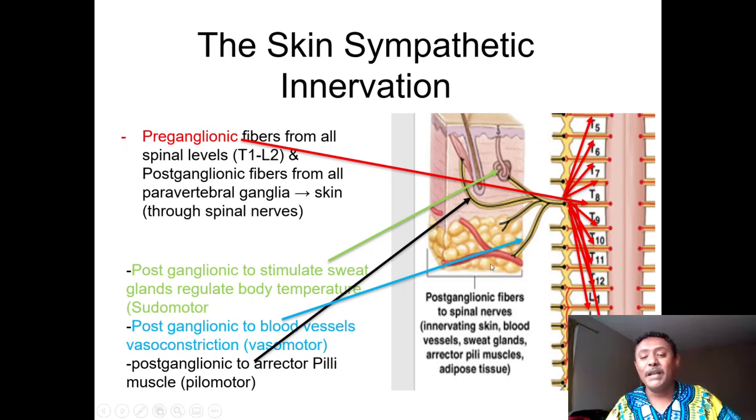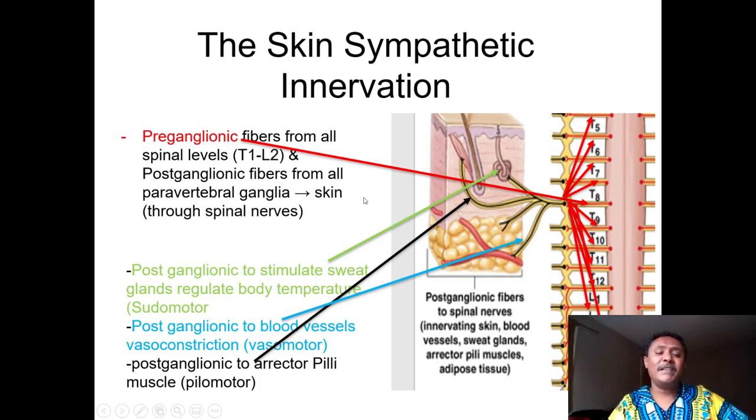And then what will happen to your blood vessel? The blood vessel is going to constrict. Why? Because I don't need my blood. I don't want to let my blood go to skin. I want to divert it to a more important structure that's going to help me in running for my life. That's going to be the skeletal muscles, right? So what will happen here is vasoconstriction, or narrowing of the blood vessels, right?